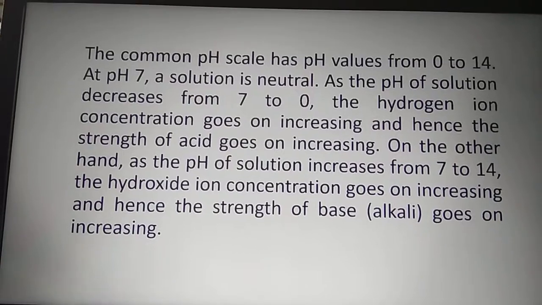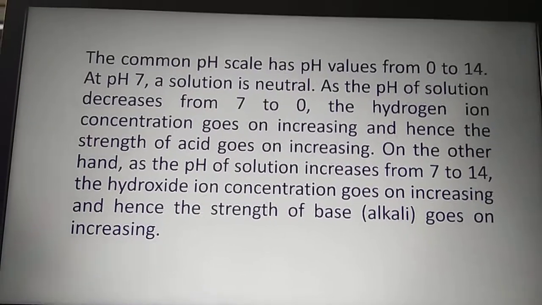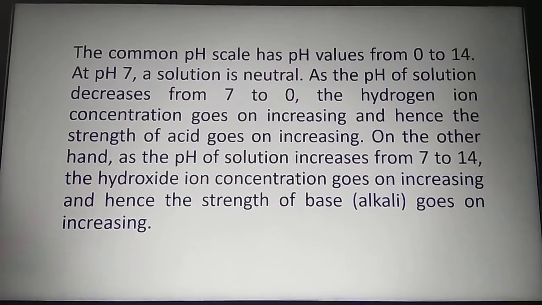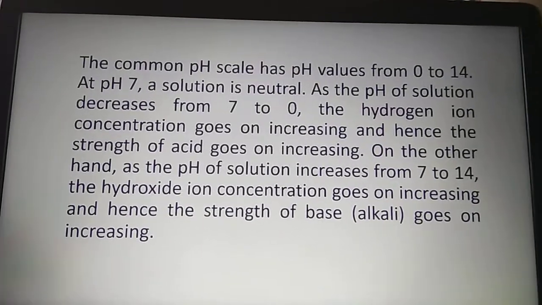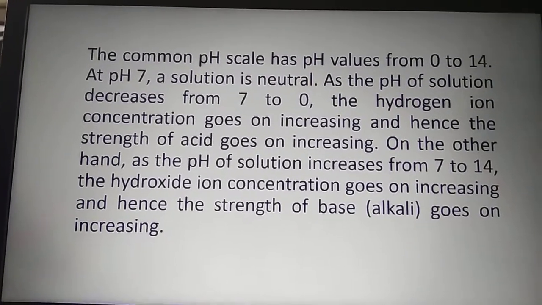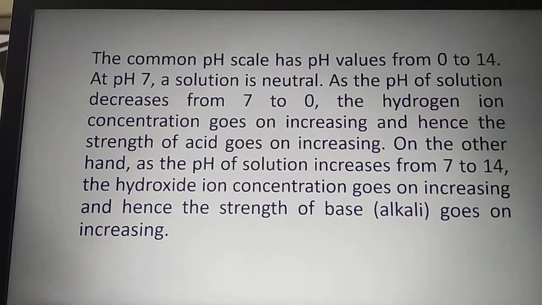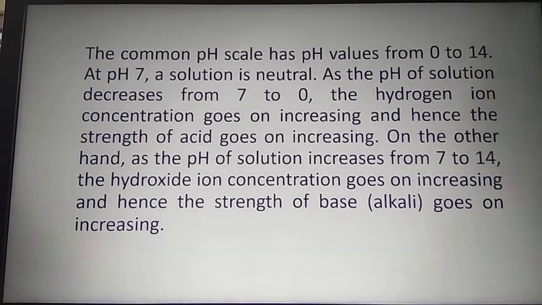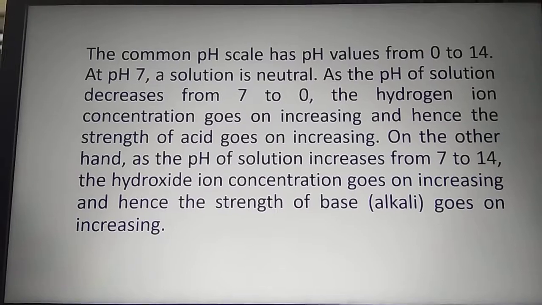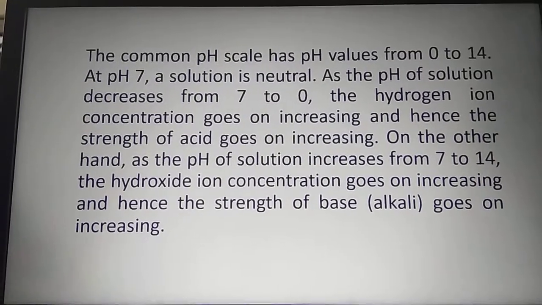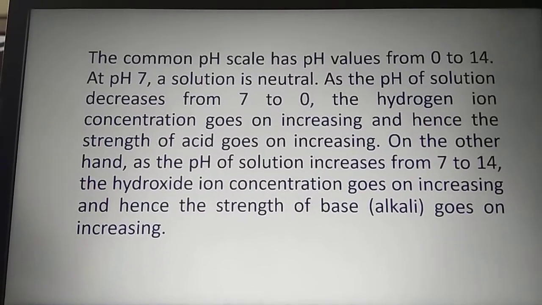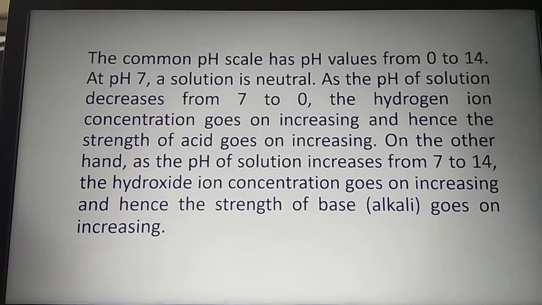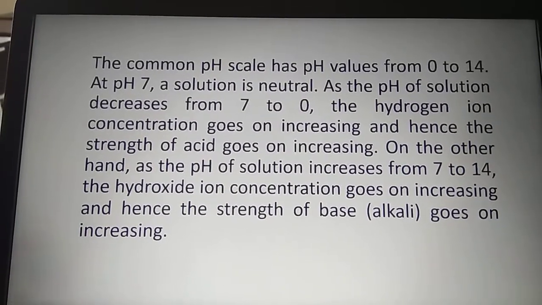And these produce different colors at different pH values. Whatever color is developed in presence of pH paper or universal indicator solution, that color will help us to predict the approximate pH of the given solution. This is the practical aspect to detect pH of the given solution.